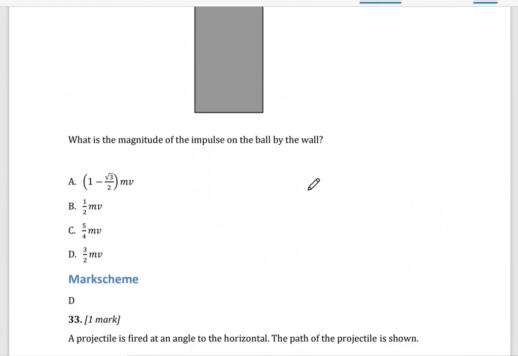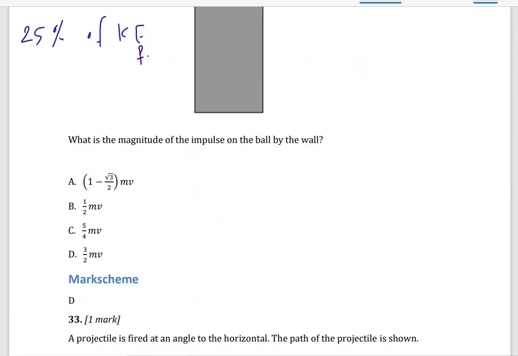What is the magnitude of the impulse on the ball by the wall? Now, when 75% of the energy is lost, that means the ball retains 25% of the kinetic energy after the collision. The ball retains this energy.